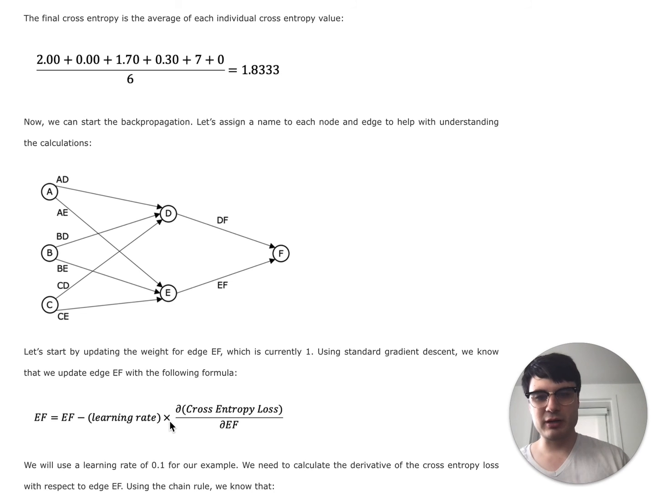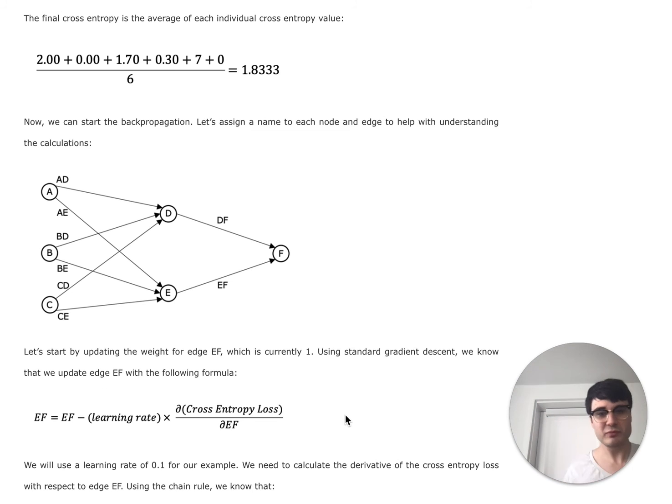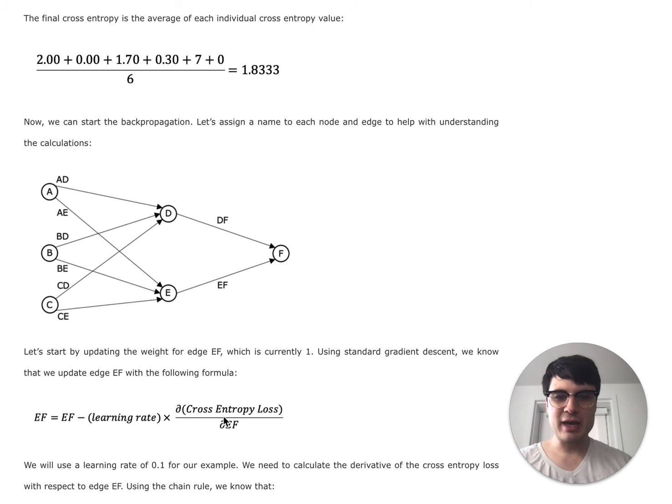We multiply that learning rate times the partial derivative of our loss with respect to the weight. For df, we just swap out ef with df. Intuitively, this is saying, update it by how much the loss is changing with respect to changes in ef.